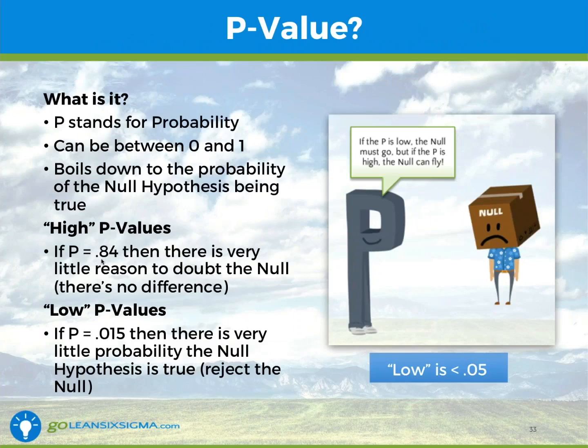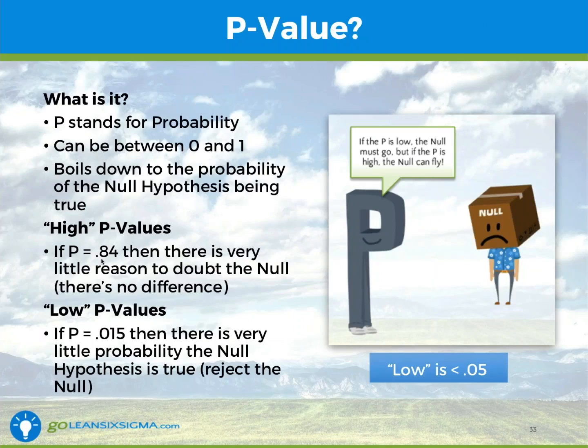All right, let's come back to this p-value. Now we've seen it with the Anderson-Darling. It's going to appear on all these hypothesis tests. So what is it? P stands for probability. It can be between 0 and 1. There's a lot of nuance to this, but I'm going to make it simple for you. It boils down to the probability of the null hypothesis being true.